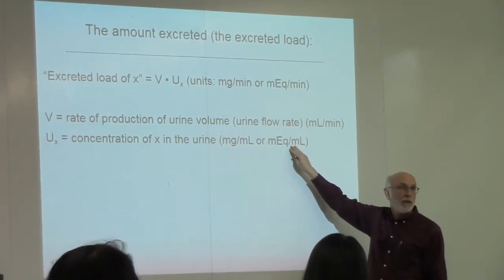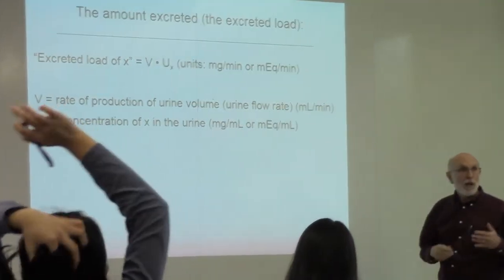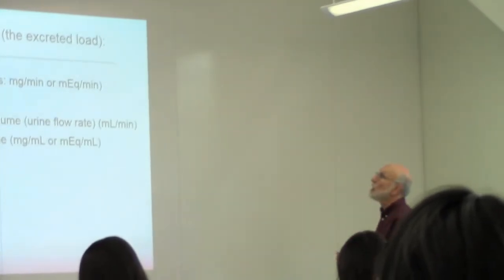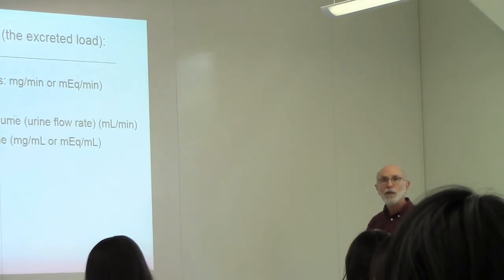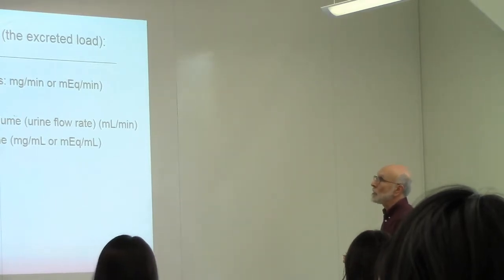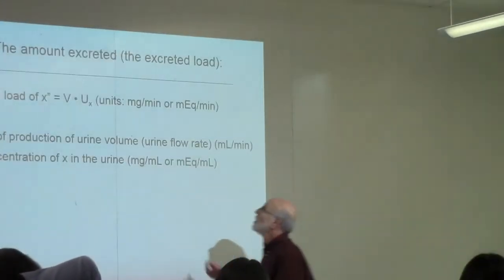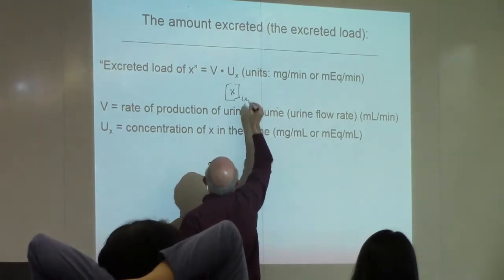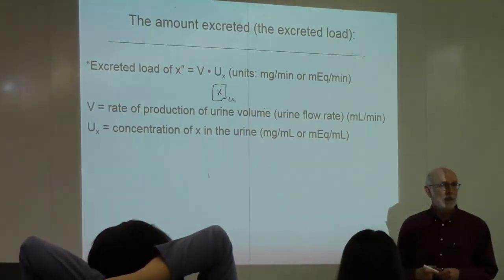And that urine that you're generating has a concentration. We talk about the excreted load of each thing, each solute that's in your urine. So the excreted load is the flow rate of production of urine, milliliters per minute, times the concentration of X in urine. You could say, well, why don't you just call this X in urine? Sure, I could do that too. It's the same thing.